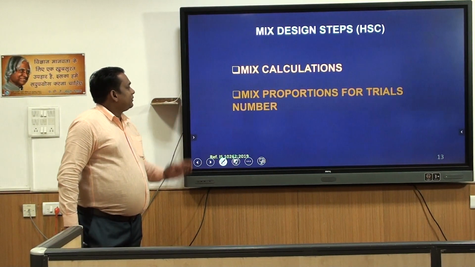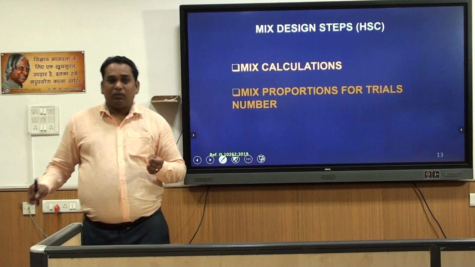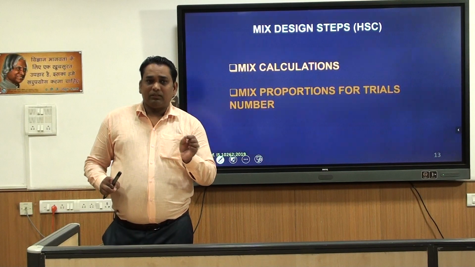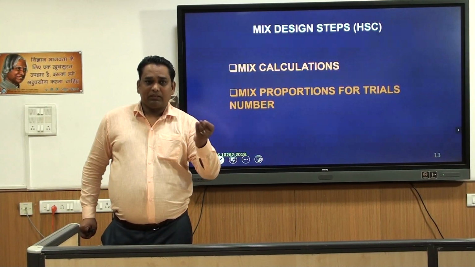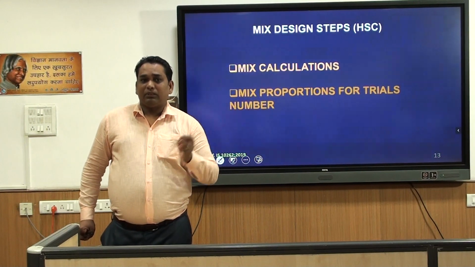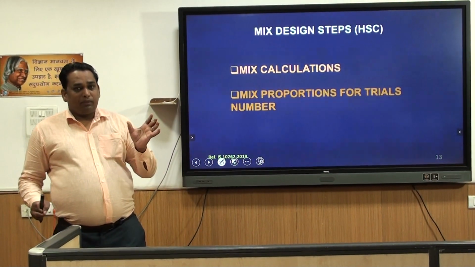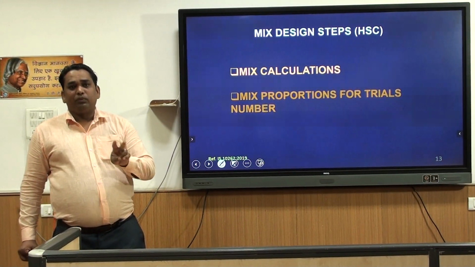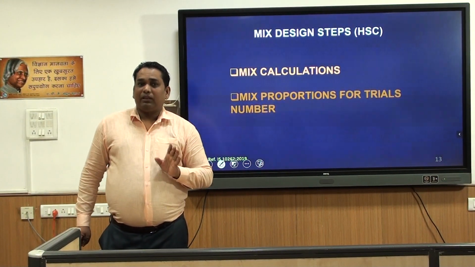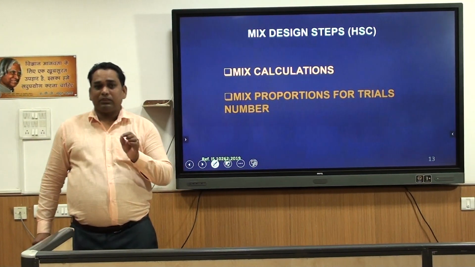So the mix design calculation and mix proportion is for trial number 1, meaning trial numbers. Suppose in trial 1 we get the amount of cement in kg this much, then cement, sand, fine aggregate, coarse aggregate, then another cementitious material like fly ash this much. So we will prepare one sample, meaning 3 cubes, and we will test them in the concrete lab using the CTM machine, compression testing machine.